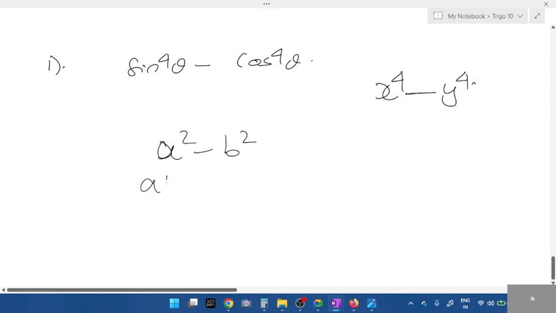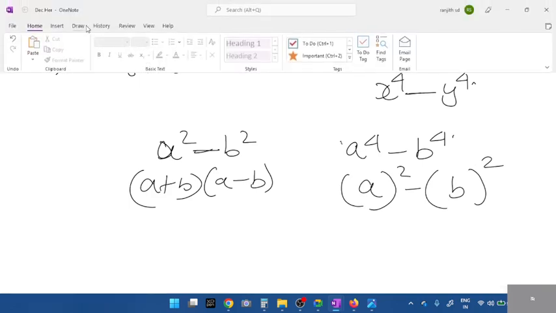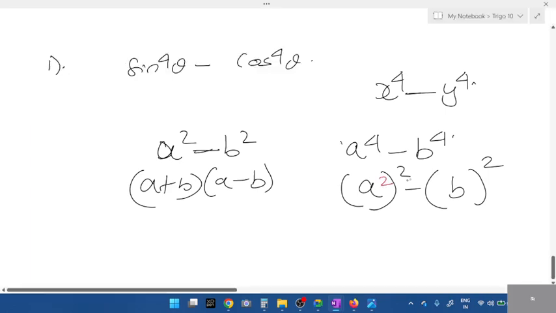Whenever there are two values and a minus given, if a square minus b square is given, which formula do we use? All of you will respond. What is a square minus b square? a plus b into a minus b. If a4 minus b4 is given, first we need to convert it. How do you convert, students? What should I write inside b so that I get 4 outside? I should write square.